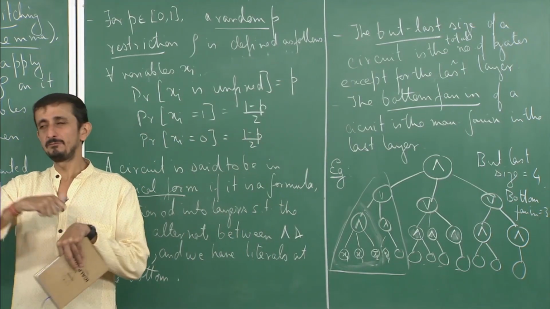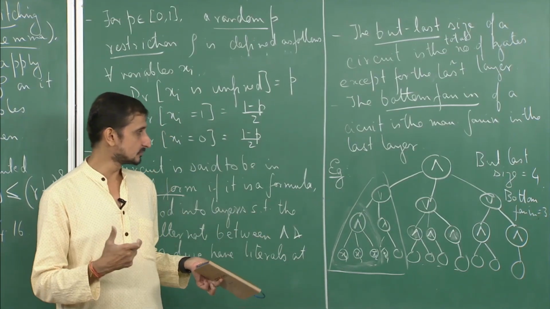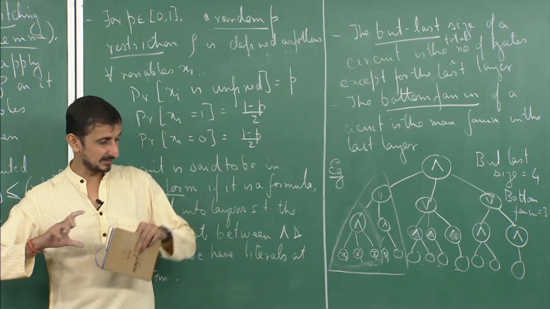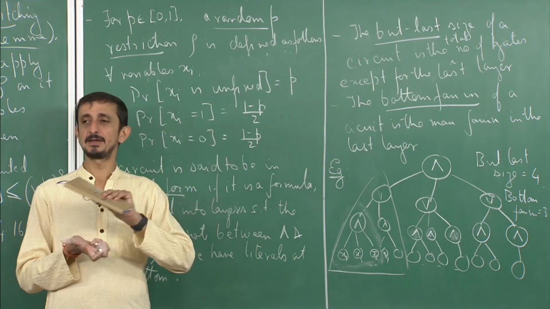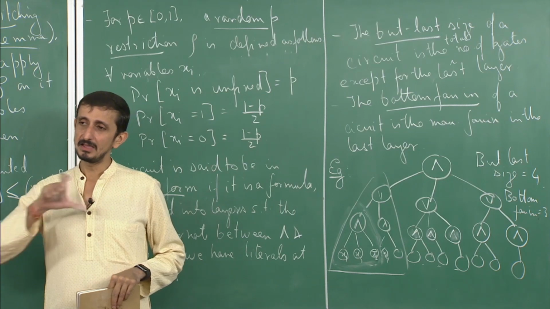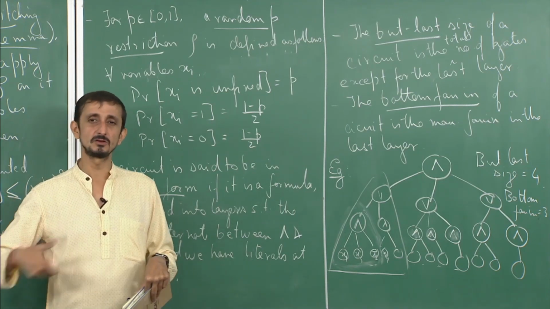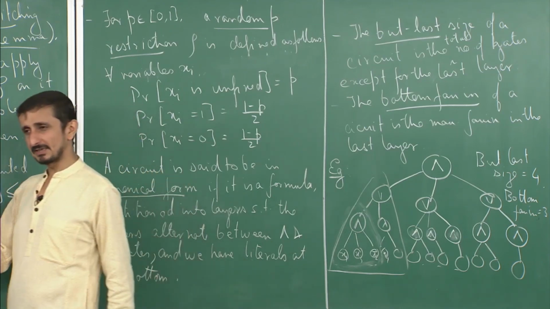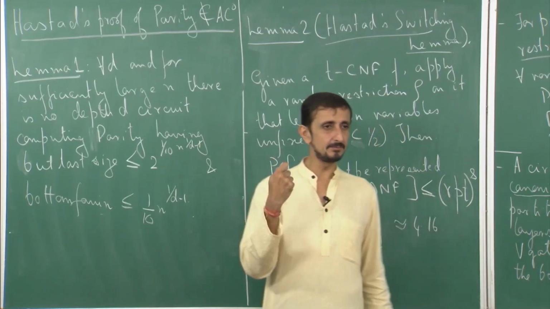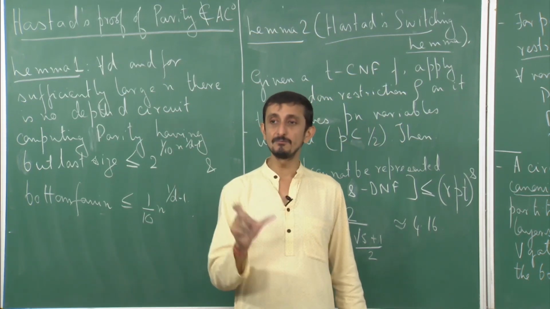And there are some calculations in between that will be used to show that this smaller depth circuit is still computing parity of a large number of inputs. Now actually our input is restricted. Because we are using random restriction, several variables are set to either 0 or 1, but still there are several variables which are unfixed.